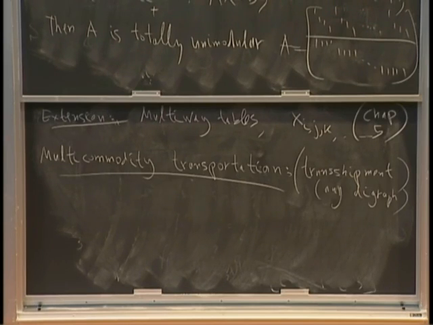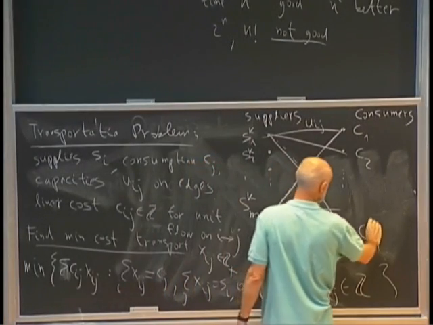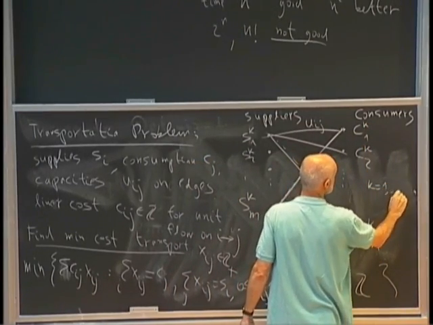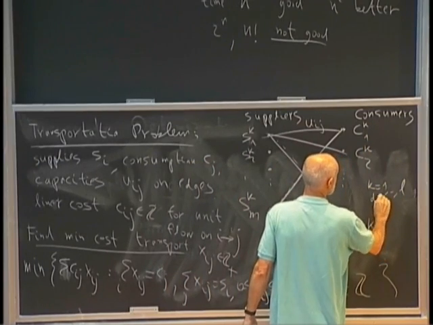Well, instead of one type of commodity and flow, there are several types. So each consumer and supplier now have supplies and consumptions in L different commodities, which should be matched separately. So we now have also each supply with a superscript k, where k goes from 1 to L, and these are different commodities.